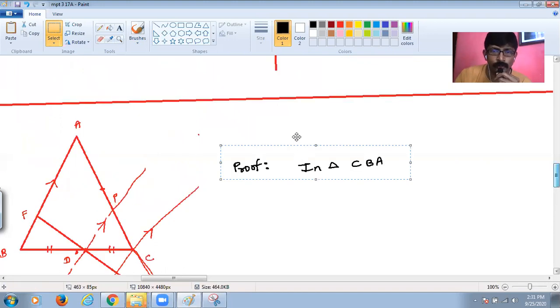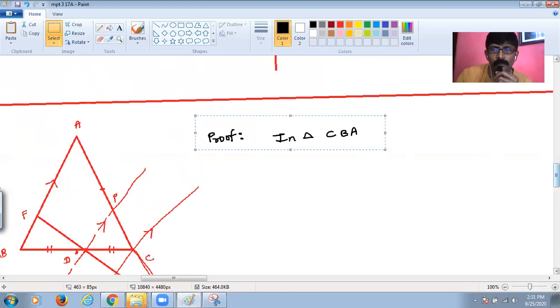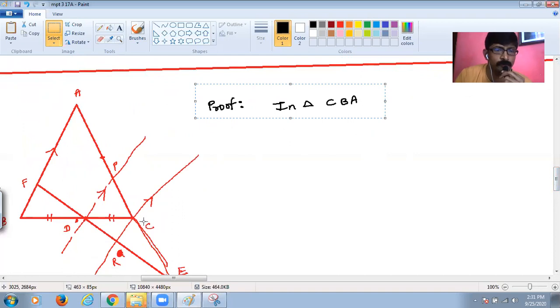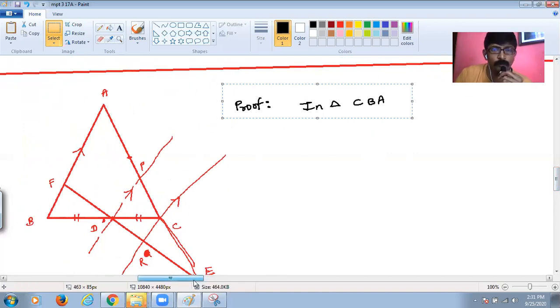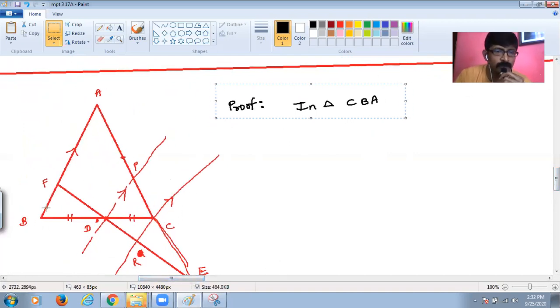Okay, now in the proof, what are we writing? In triangle CBA. So in CBA, what is visible to us? In triangle CBA, CD is equal to BD and DP is parallel to AB. So what can we say?